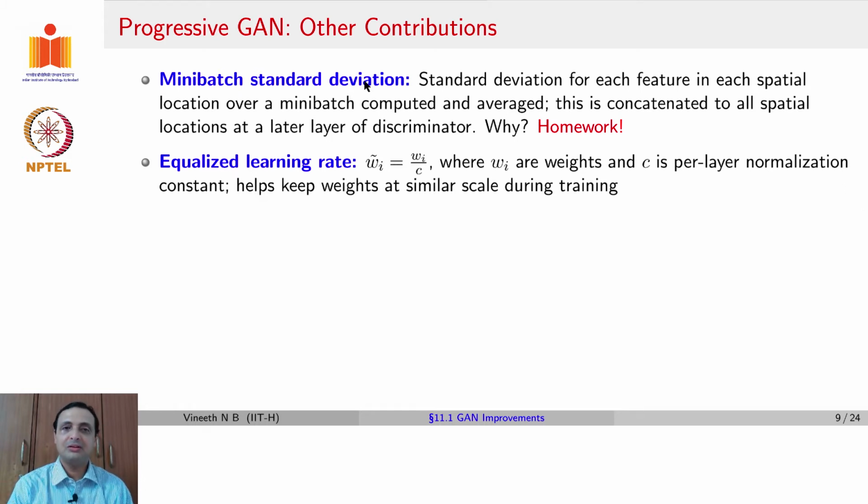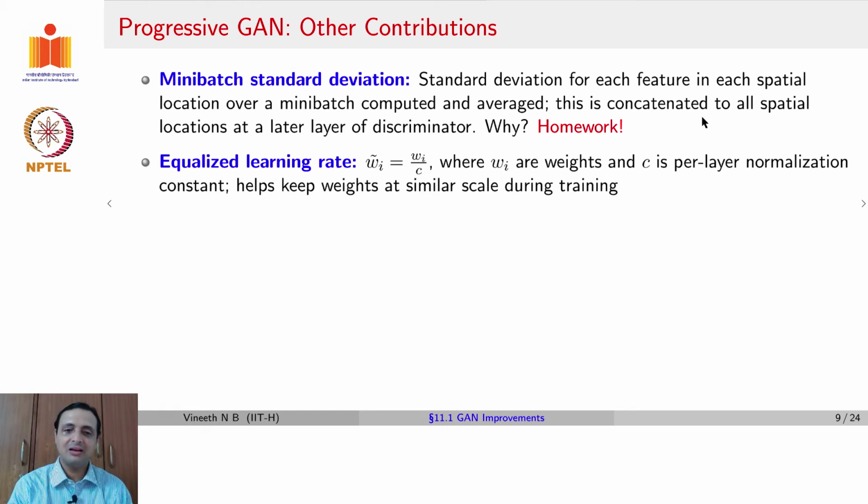Another contribution that progressive GAN brings to the table is known as equalized learning rate. In this case, the weights in each layer of the generator network are normalized by a constant C, which is specified per layer. So this constant C is a per layer normalization constant.